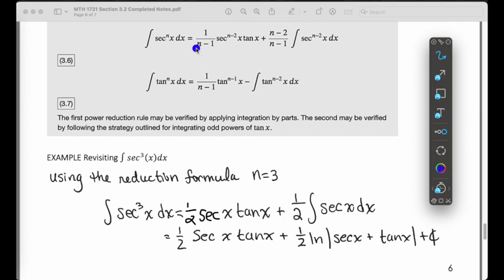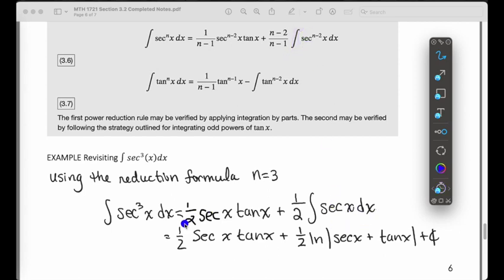So this is going to be 1 over 2, so that's this 1/2. Secant to the 3 minus 2 is secant to the first, times tangent x, plus 3 minus 2 is 1, n minus 1 is 2, so we're going to have 1/2. And then this is going to be the integral of secant to the first dx.